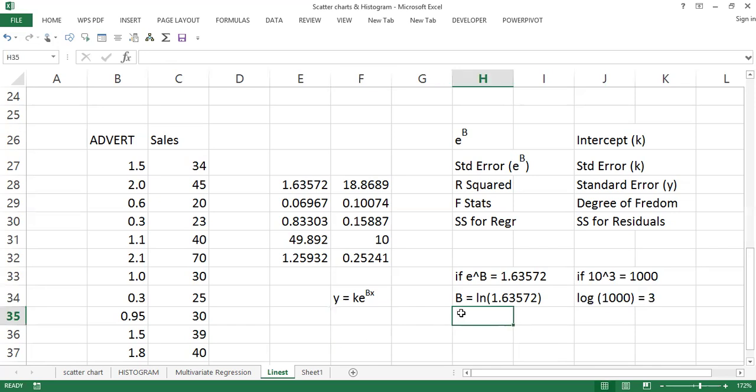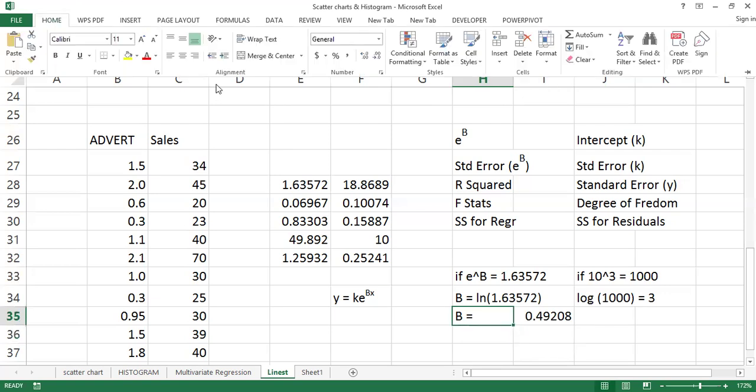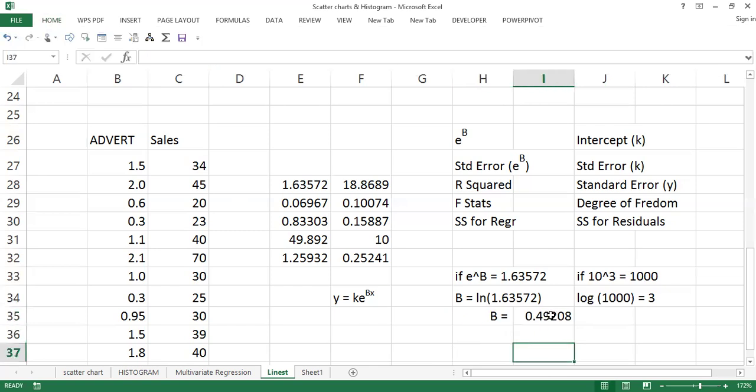That shows us that the value of b is equal to this one. This is the value of b now.